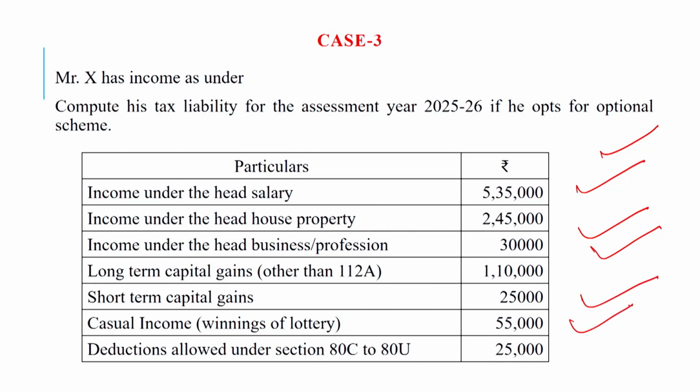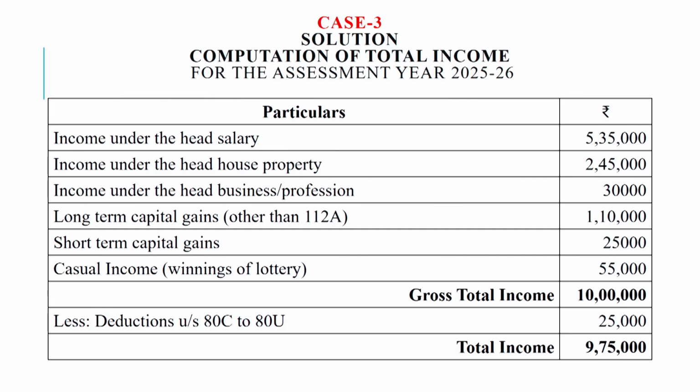Casual income rupees 55,000. And deduction allowed under section 80C to 80U, 25,000, is also given. With the help of this problem, I am going to discuss how the tax liability is computed as well as advance payment of tax under section 211 of Income Tax Act 1961.